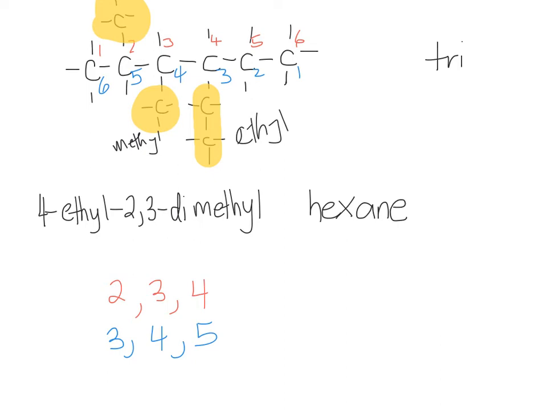So the whole name is 4-ethyl-2,3-dimethylhexane. And this is a structural isomer for an alkane having 10 carbons. 6 plus 2 is 8, plus 2 singles is 10.